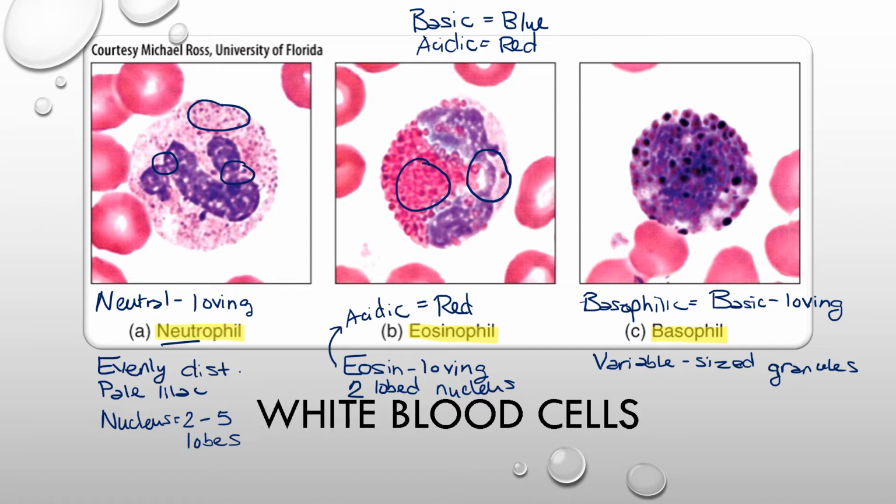They really connect with that basic dye. You can see it's very dark blue and purple, especially when you compare it to the eosinophils. The basophils have very dark granules, dark blue and purple. So very basic. Now these granules do commonly obscure the nucleus, which often has 2 lobes as well.